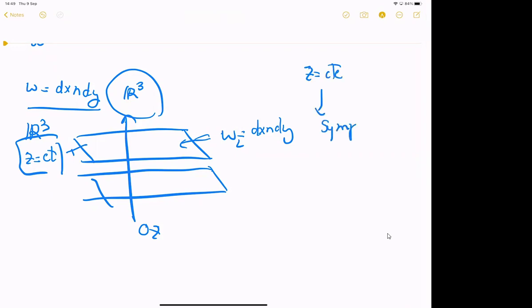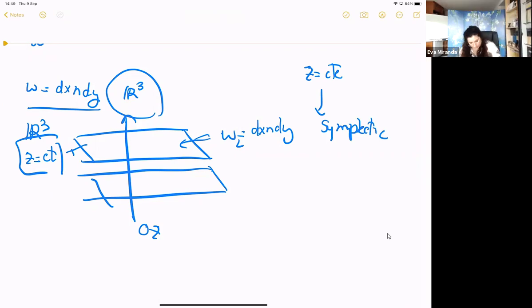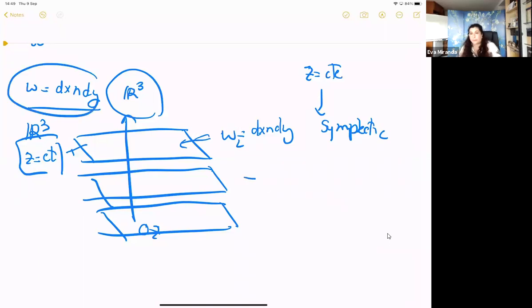And indeed, if I look at this collection of leaves, it is like the pages of a book. I have a collection of leaves, and this is like a symplectic foliation. So this is an example of a form on R3, which is not symplectic, but induces a family of symplectic foliation. So this is a useful example.